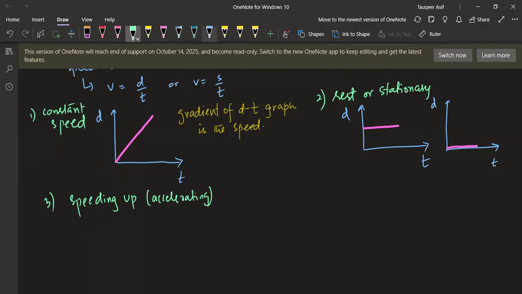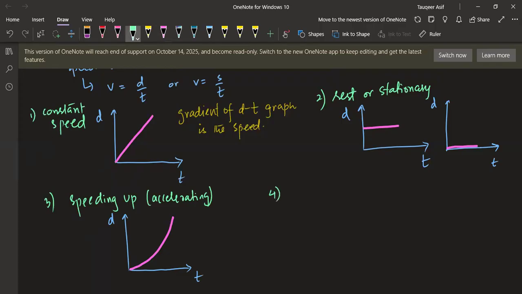So speeding up or accelerating means the rate of change is increasing in a distance time graph. So the graph is going to be like this. There will be a curve. This is how the distance time graph would be for the body that is speeding up.